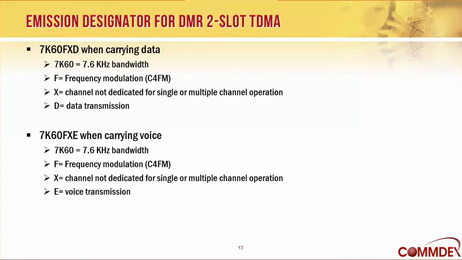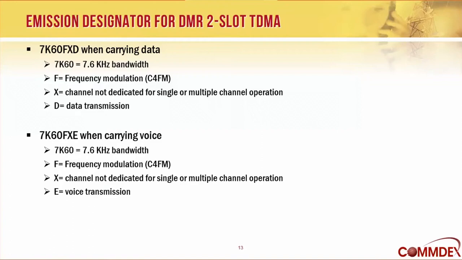So the 7K60 means it's 7.6 kilohertz bandwidth. F means it's frequency modulation, that is to say C4FM. The X means the channel is not designated for single or multiple channel operation. And the reason it's an X is that DMR can carry either voice or data, so we leave that one open.